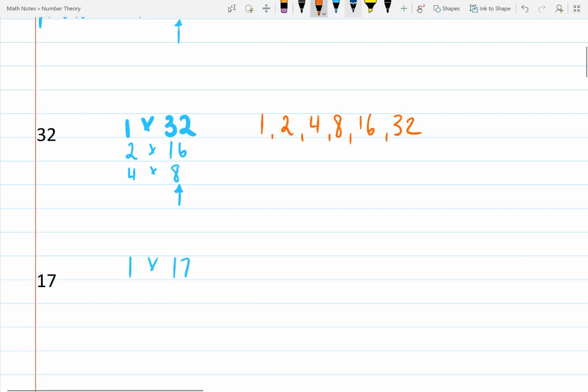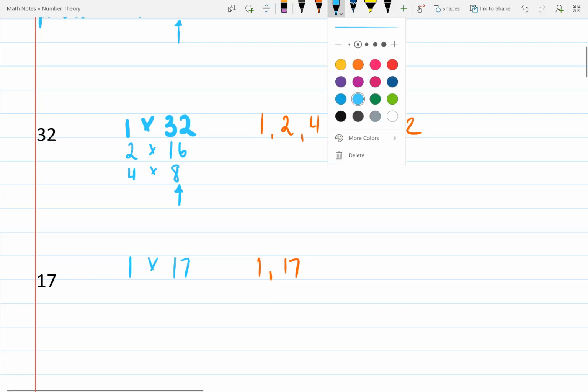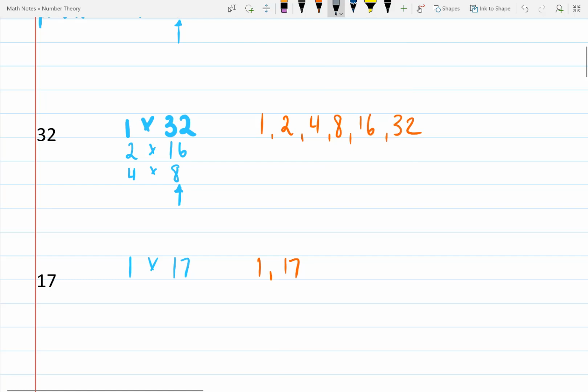So 17 means that this number is actually a prime number because it has exactly 2 factors.